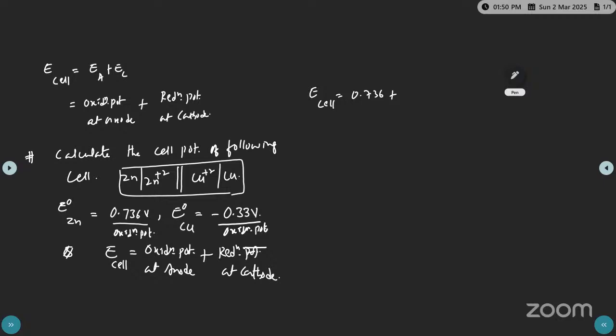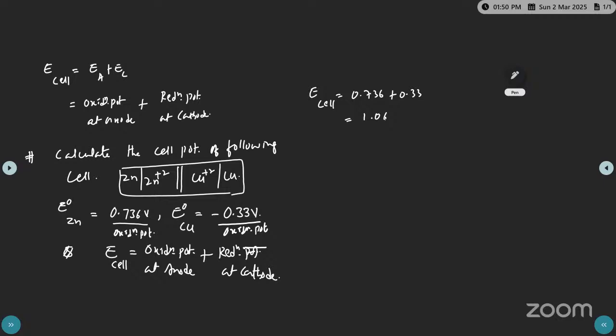So the minus becomes plus, that's all. So plus 0.33 volts. If we add these values, we get 1.06 volts.